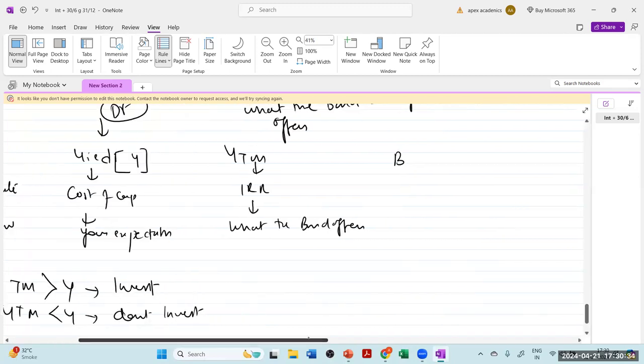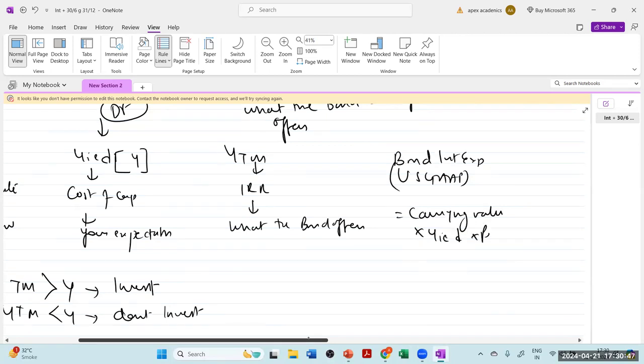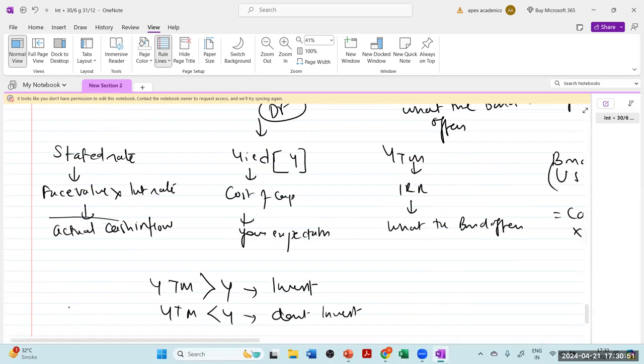Now, bond interest expense as per US GAAP, which you are all studying, is what? Carrying value multiplied by yield multiplied by period. And since it is written over here, actual cash flow is going to be face value multiplied by your interest rate.